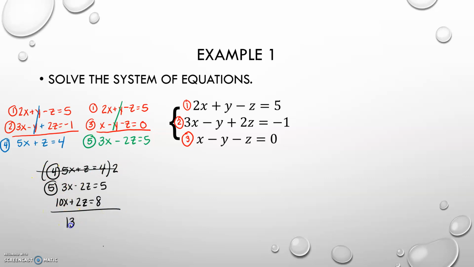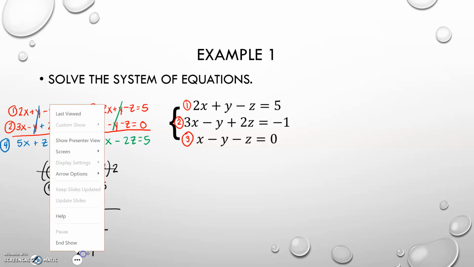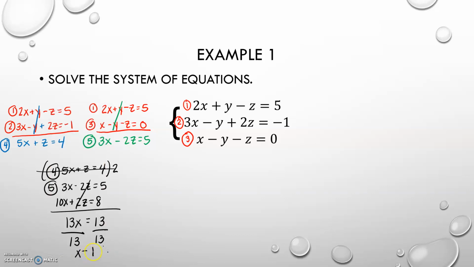I get 13x, those cancel, equals 13. Divide both sides by 13, and I get x equals 1. So x equals 1.